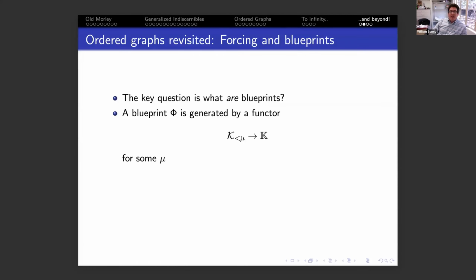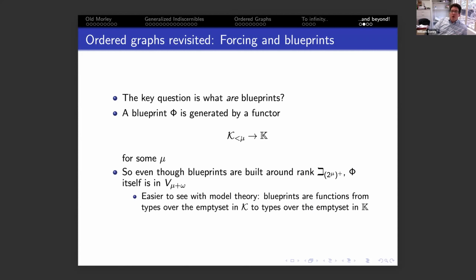I wrote kappa to the less than mu here. But in all of the examples we've been talking about, you should probably think of mu as omega. So you take all of these finite linear orders or finite ordered graphs or finite generators of whatever index category you're thinking of. And all you really care about is the value of the functor on those finite objects.